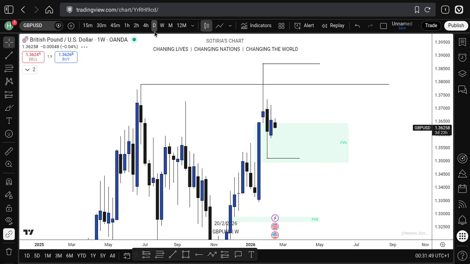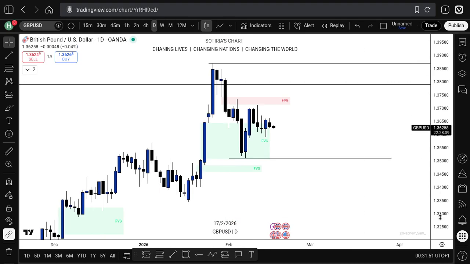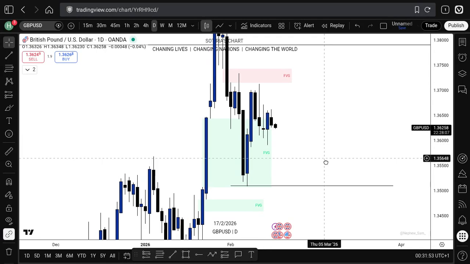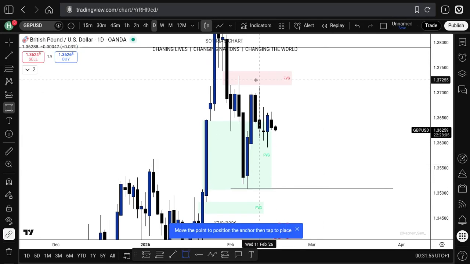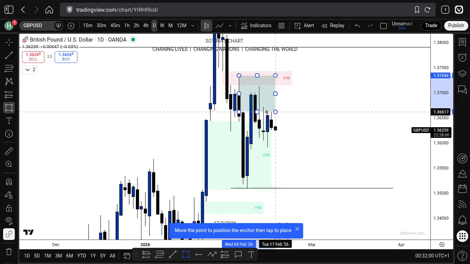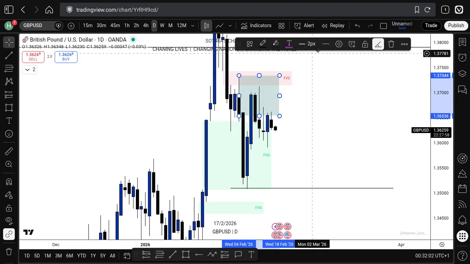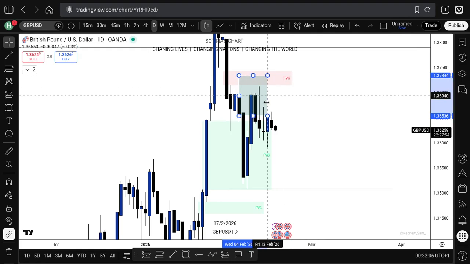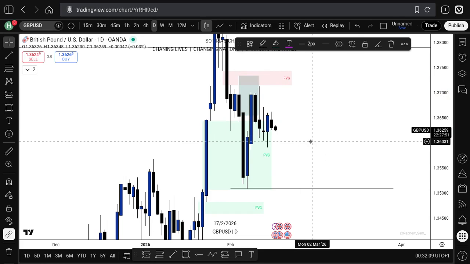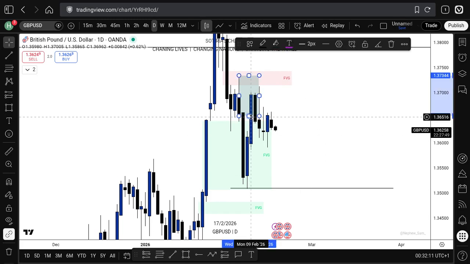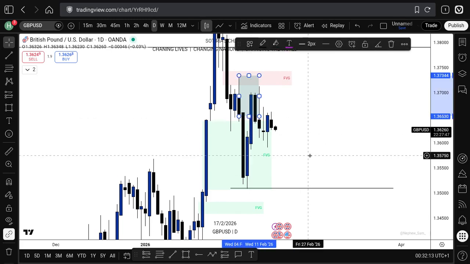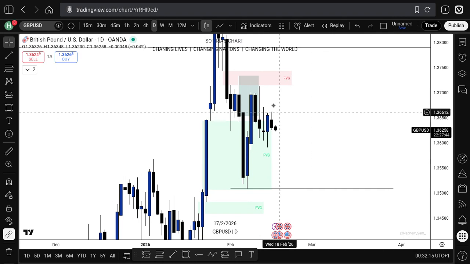So on the daily structure, from the previous week structure which I provided, we see that price is still around that level and we have not left that place. So we're still very much playing from the old structure, hoping for price to move from this level down to this level.